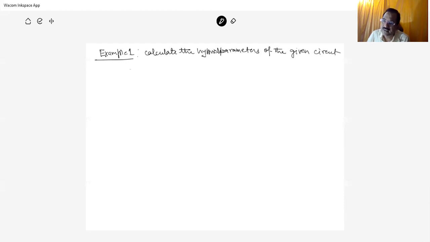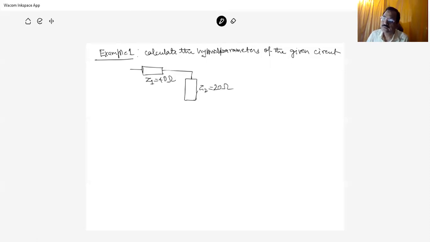The circuit given is, suppose this one is an impedance Z1, that is 40 ohm, and here is another Z2, and this Z2 is given as the value of 20 ohm.